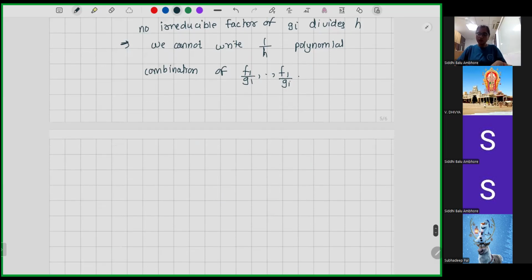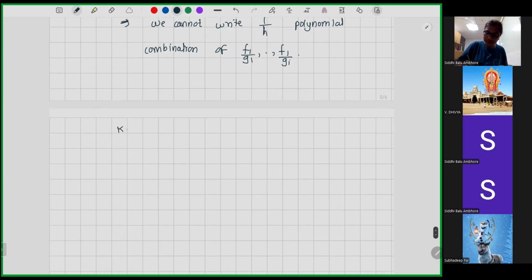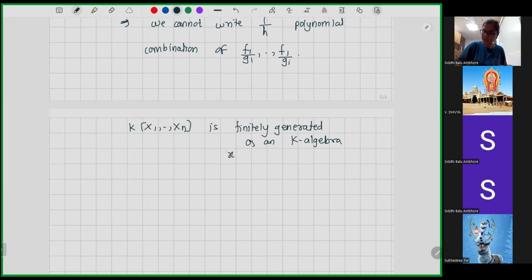For example, just see this: let us say K[x1 to xn] is finitely generated as a K algebra. It is generated by x1 to xn as an algebra.